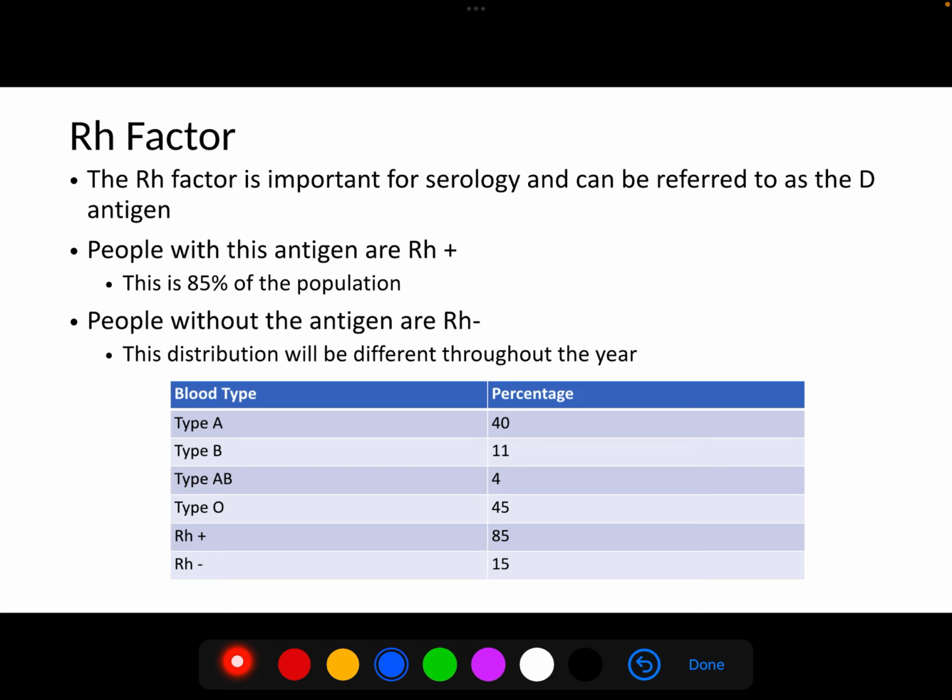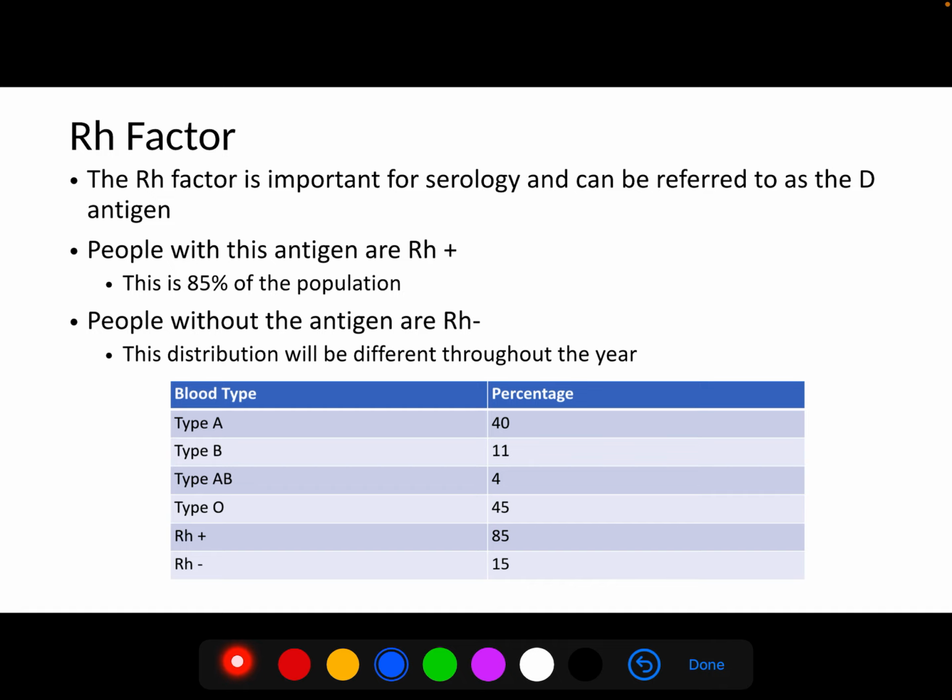So we mentioned that Landsteiner also developed the Rh factor, which was just another blood factor, another antigen. The Rh factor is important for serology, and this a lot of times is referred to as the D antigen. So yet again, it's a protein that is on the blood cell itself. People that have this antigen are said to be Rh positive.